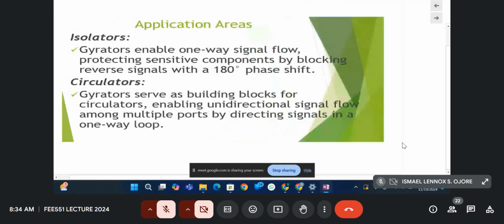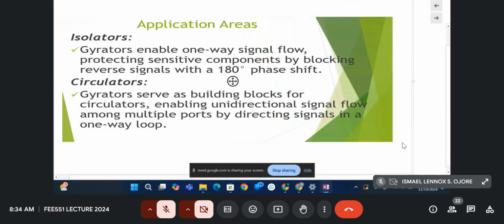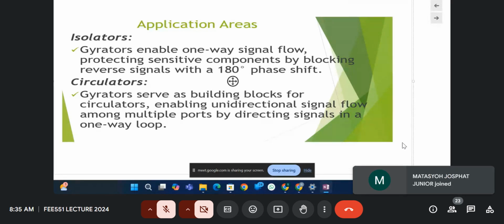We go to the application areas. It is used in the isolator to enable a one-way signal flow, protecting sensitive components by blocking reverse signals with a 180 degrees phase shift. The other one, it is used in circulators to serve as building blocks for enabling a unidirectional flow among multiple ports by directing signals in a one-way loop.